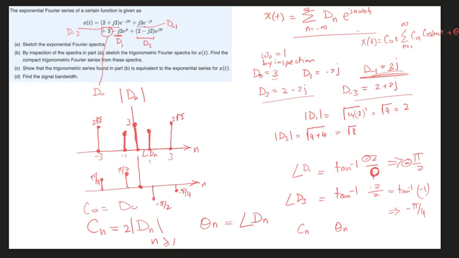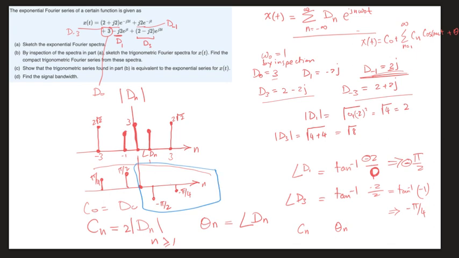The Cn is equal to double the magnitude of the complex Fourier series coefficients, and the theta, the angles associated with the compact trigonometric form, is equal to the angle, or the phase, of Dn. So we have the phases here, and again we only consider the positive side.